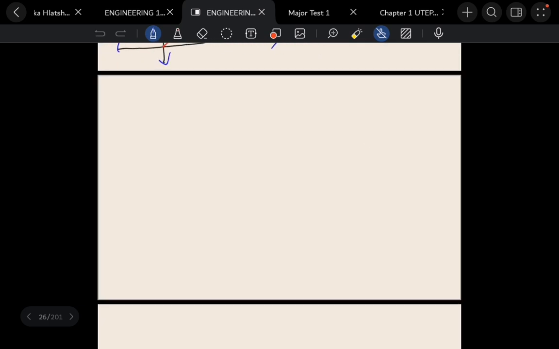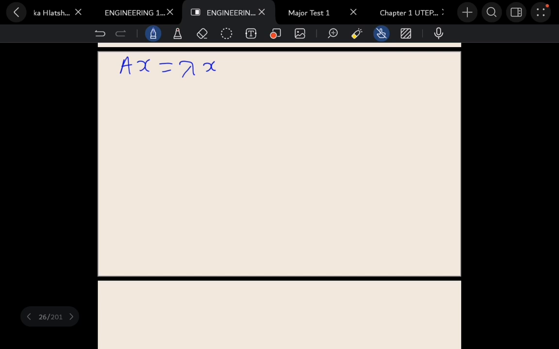How can you find the 10 10, the 1 1 and the tens? So let us have the equation again. Ax is equal to lambda x. Now if you're trying to solve for lambda, because you first need to find your values of lambda to solve for the eigenvector, this is what is going to happen. You're going to take this part to the other side, so I'm going to have Ax minus lambda x is equal to 0.